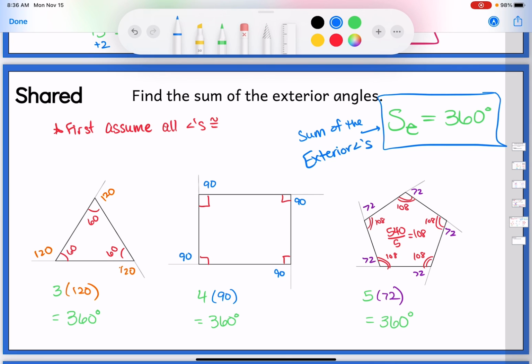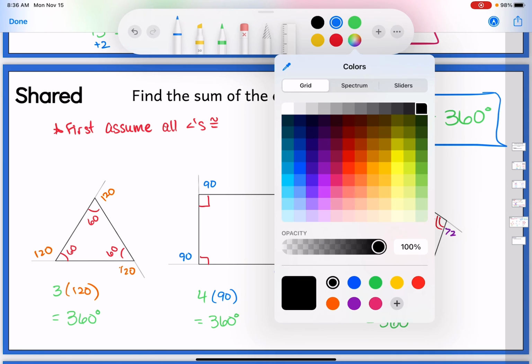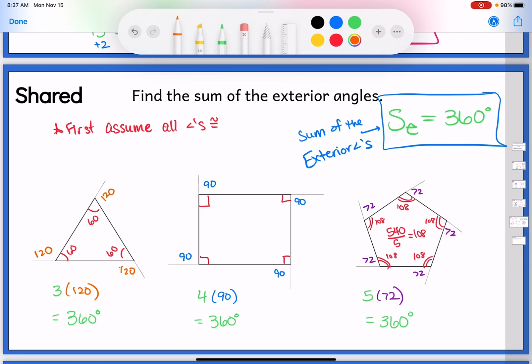Now, I assumed that all of the angle measures were congruent in order to figure that out. But do the angles all have to be congruent for this to still work? Well, think about it.